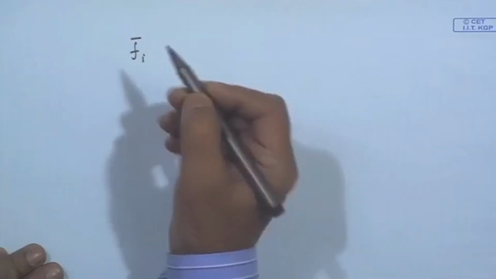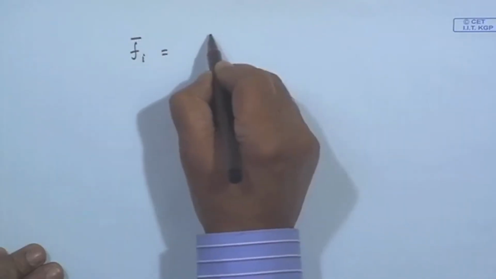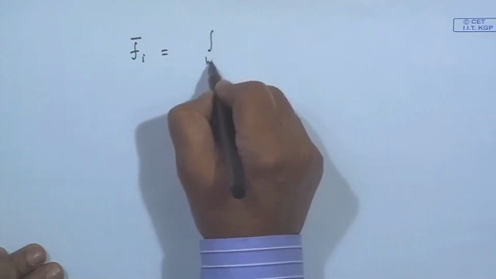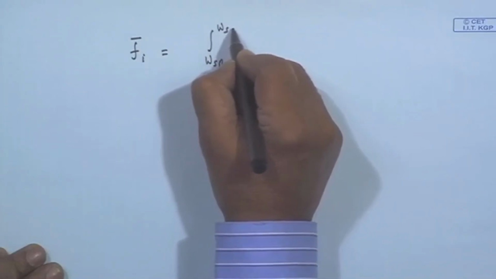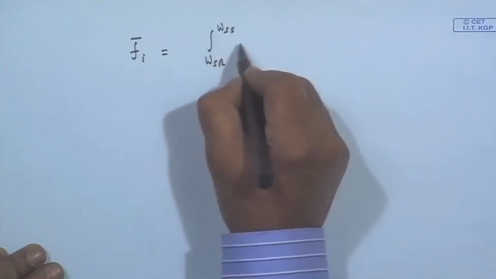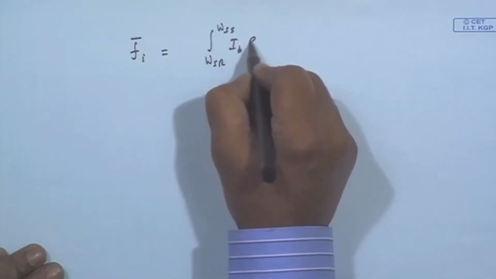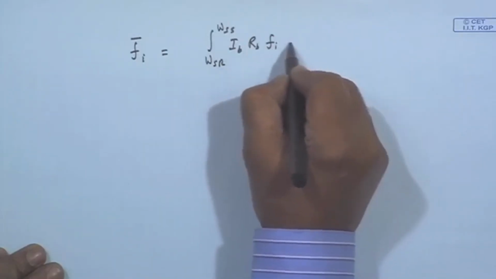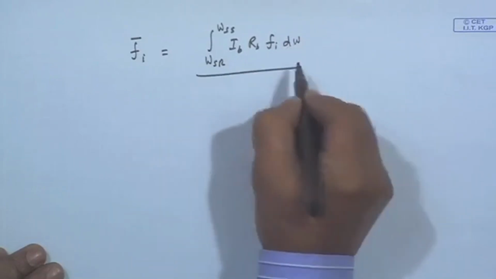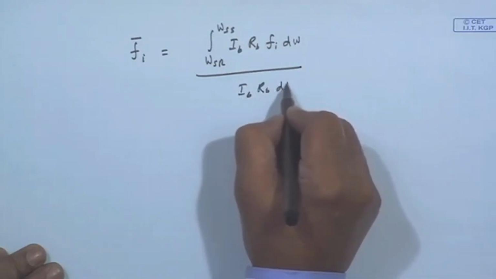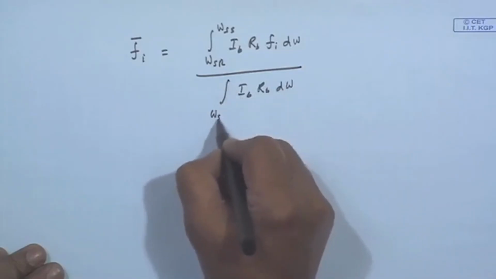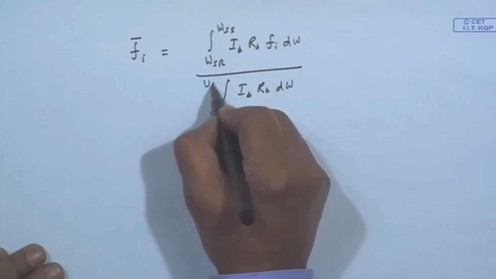So, the average or daily value again has been calculated like we do for the tilt factor for direct radiation: integral of IB, RB, Fi d omega upon integral of IB, RB d omega, from omega SR to omega SS.